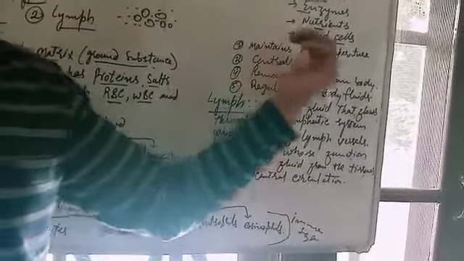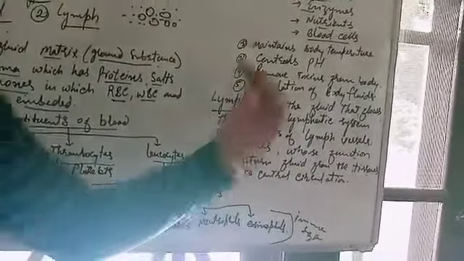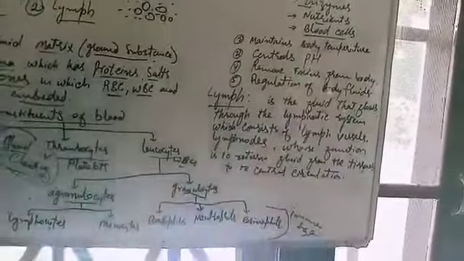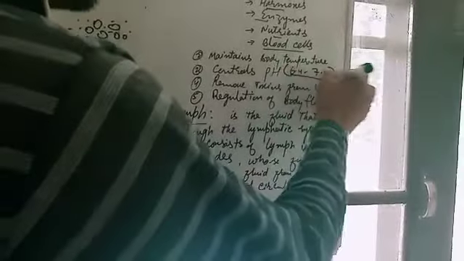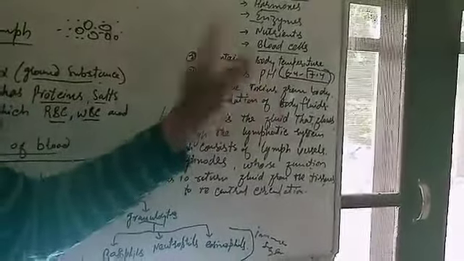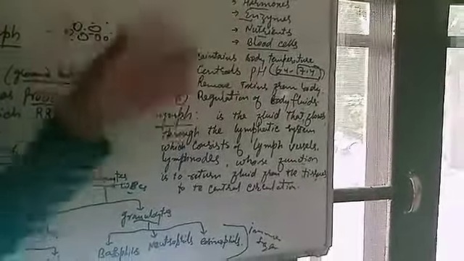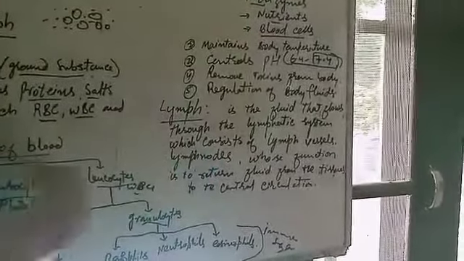Next, it maintains body temperature. Our body temperature is maintained by the blood. It is a very important point. It controls pH. Usually the pH of the blood is between 6.4 and 7.4, usually 7.4, and it is maintained by these types of cells.